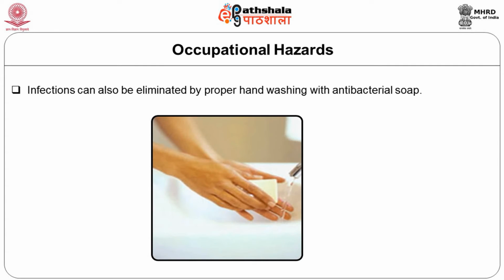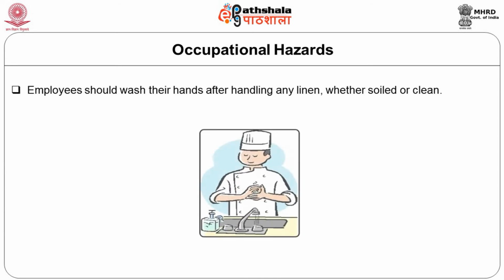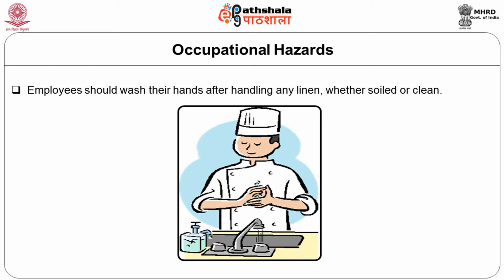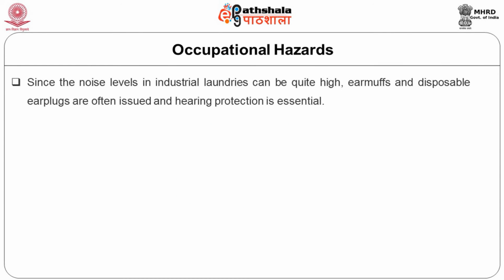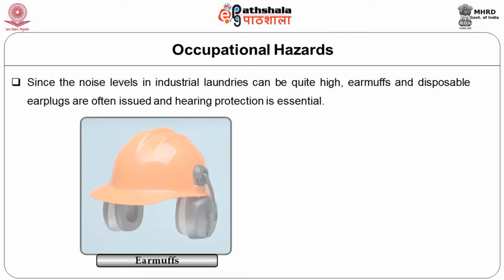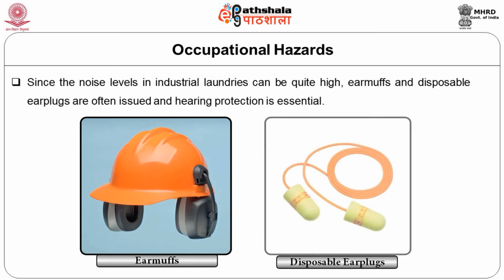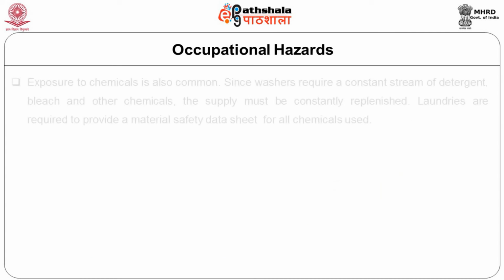Infections can be eliminated by proper hand washing with antibacterial soaps. Employees should wash their hands after handling any linen, whether soiled or clean. Since the noise levels in industrial laundries can be quite high, ear muffs or disposable ear plugs can be used, and hearing protection is essential.